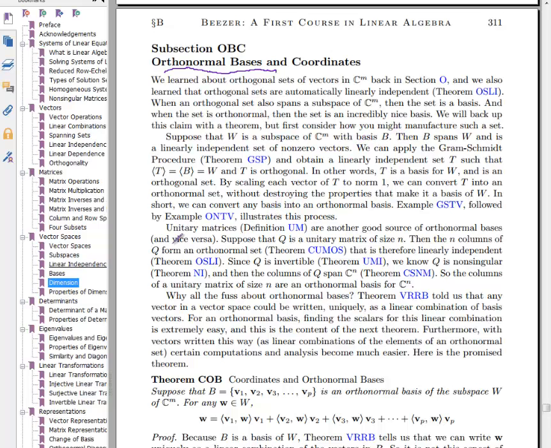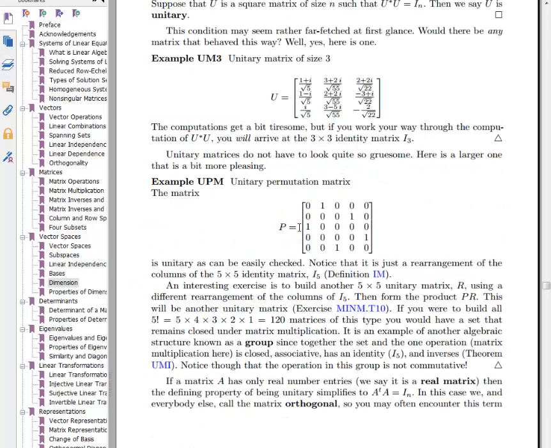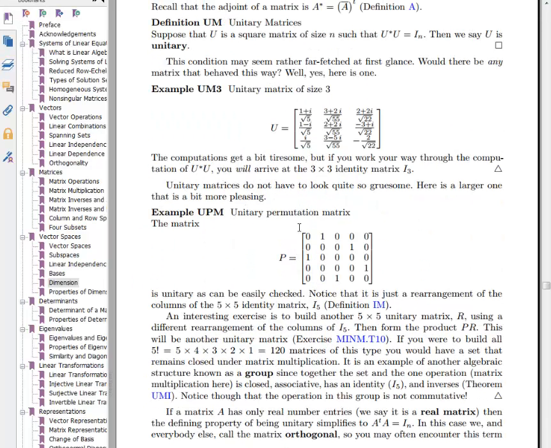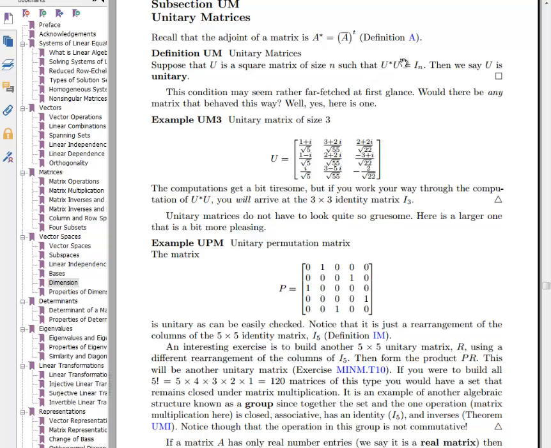Okay. Now another thing that we looked at before were unitary matrices, and you can look back at that definition. A unitary matrix is one whose adjoint is its inverse. We had a self-adjoint matrix, which was a matrix whose adjoint was itself, and we have a unitary matrix as a matrix whose adjoint is its inverse.